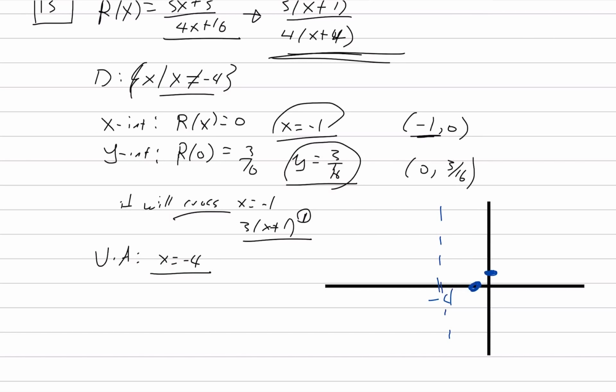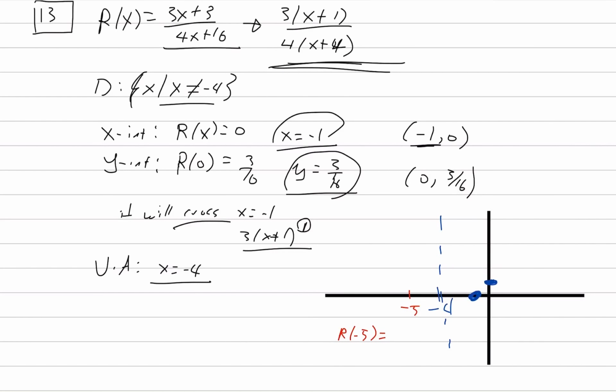So in order to do this, we have to plug in some points. Negative 5. R of negative 5 gives me 3 times negative 4 over 4 times negative 1, which gives me 3.